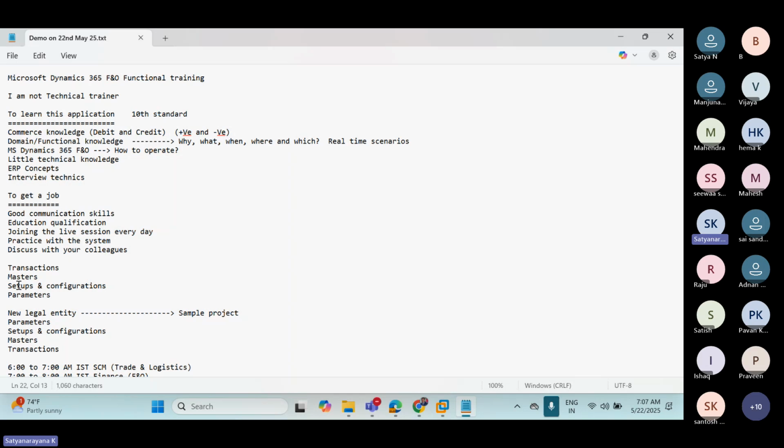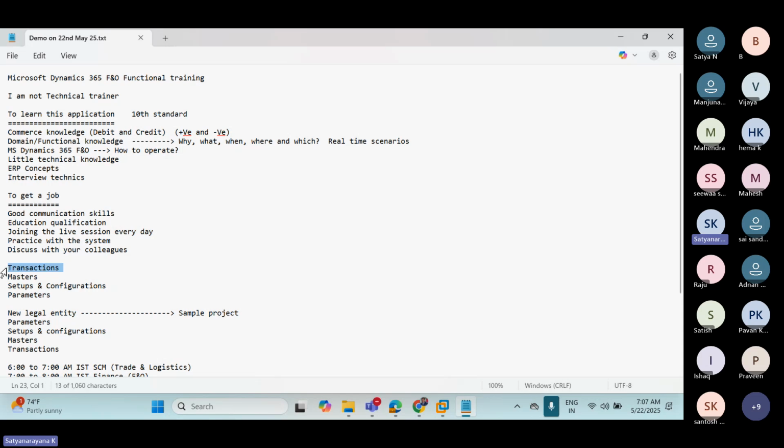There are many things you need to learn. Whenever you are doing a vendor invoice, there will be terms of payment, methods of payment, cash discounts. Those are setups. You need to learn setups. Masters means customer account, vendor account, chart of accounts. Configurations means journal names, how to create them. That is a configuration. Parameters.